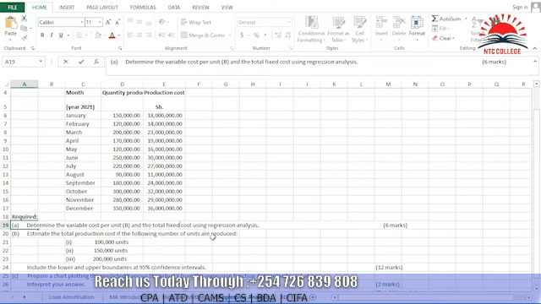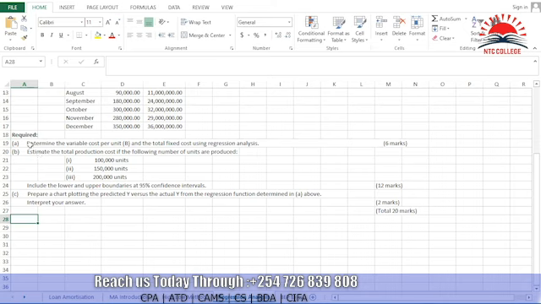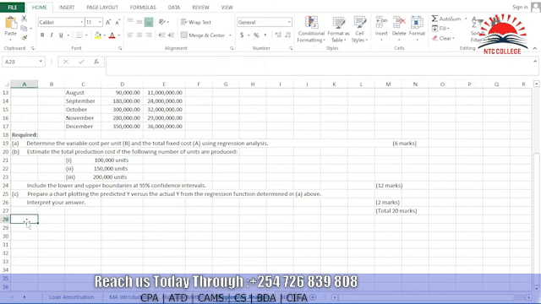We are told to use regression analysis. All right, so let me come down here. And again, when you are told the total fixed cost, remember that in that equation, the total fixed cost is the value of A. Let's have the solution down here.